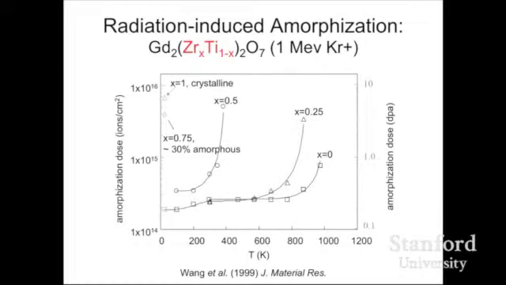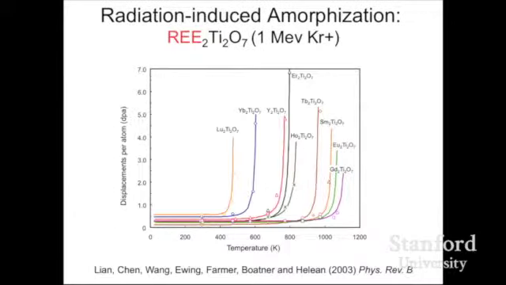Now we can look at this one, doing all the rare earths, lutetium, erbium, ytterbium, and so on, and we see that the curves shift over some 600 Kelvin. So the curves are shifting as a function of changing the A and B site cations in this simple structure. This means that we can engineer the radiation response of the material to the amount of plutonium you want to put in it.